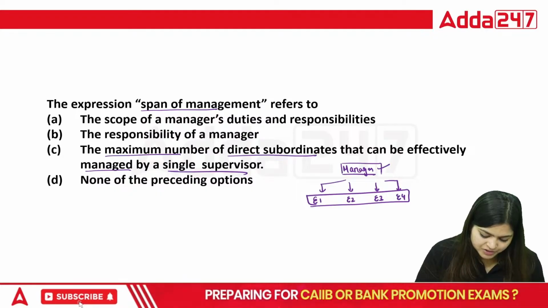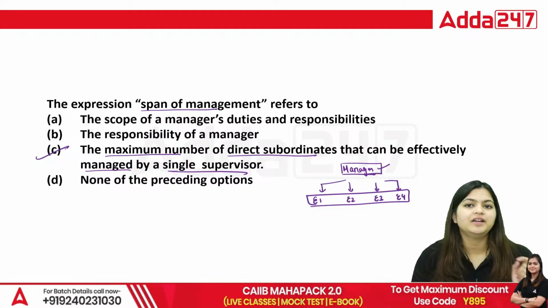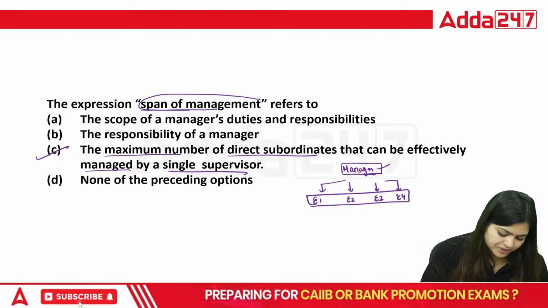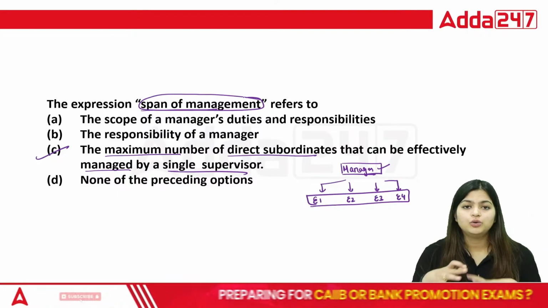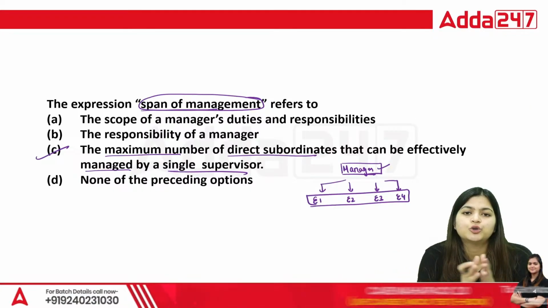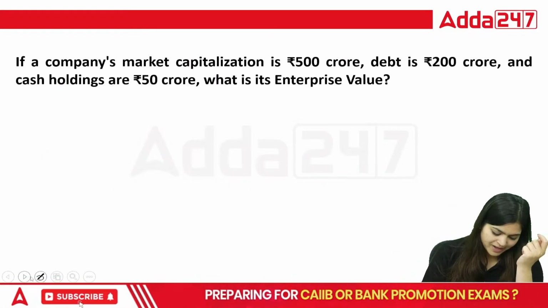So here the manager is managing these 4 employees. So the correct answer is going to be answer C. Okay, so this is your span of management. How many subordinates or employees are controlled by that particular manager. So that is your span of management.